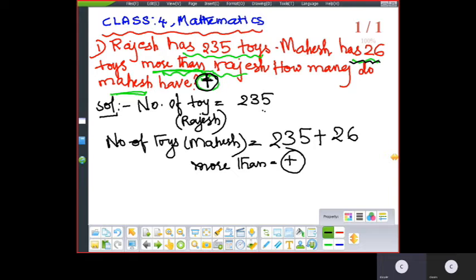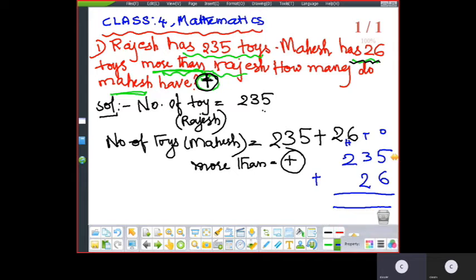So now, let us do the addition part. Let me write the number 235 plus 26. You can see that ones, tens, hundreds, one below the other I have written. And 26 is a 2-digit number, so 2 is in the tens place and 6 is in the ones place. So now, 5 plus 6, how much? 11. 1 will be here in the ones place, and 1 will be carried over to the tens place.